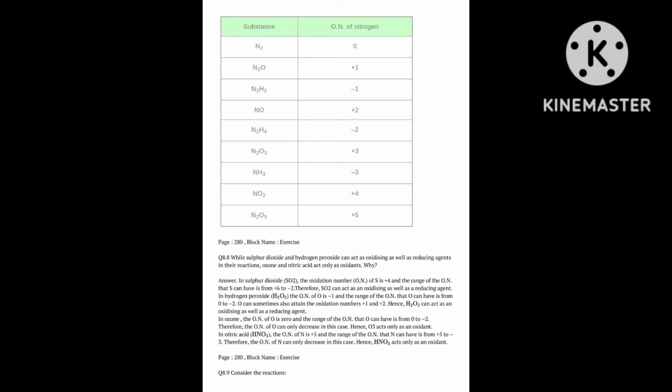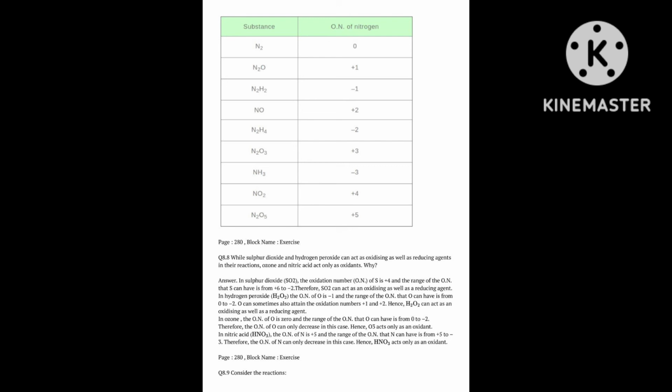Bromide goes from minus 1 to plus 5, it lost electrons, so it is the reductant, the reducing agent. Step 2 is clear.